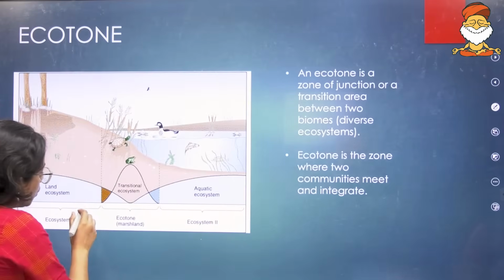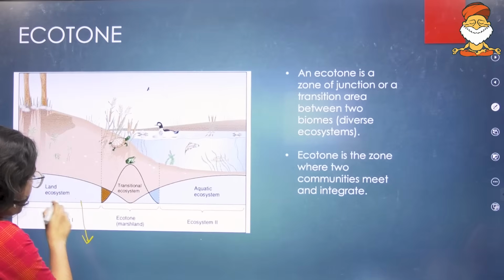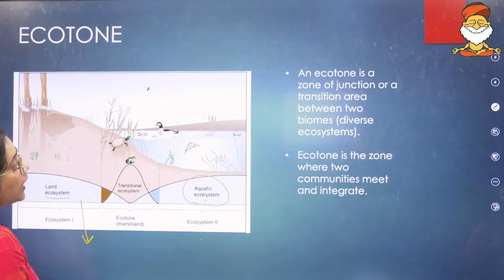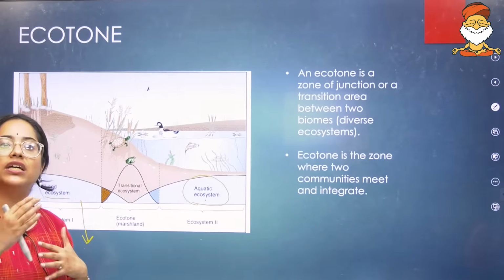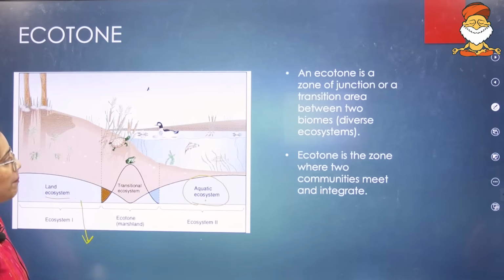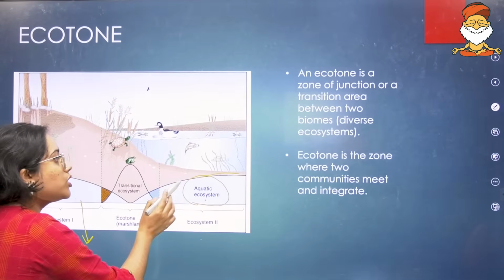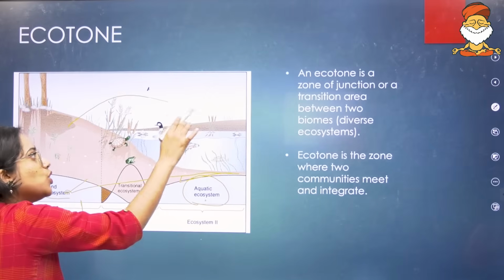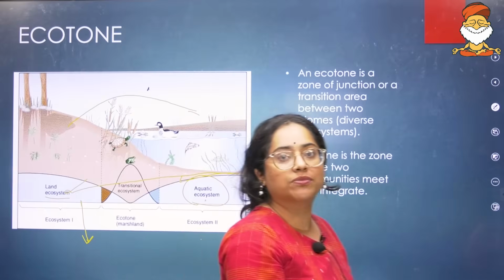Ecotone, if you look at two ecosystems over here, you have a land ecosystem and an aquatic ecosystem. So, assume that there is some amount of succession that is happening between land and aquatic over here. Maybe the aquatic ecosystem is slowly shifting into a land ecosystem, or the land is slowly shifting into an aquatic ecosystem.